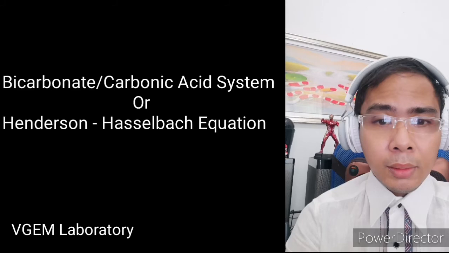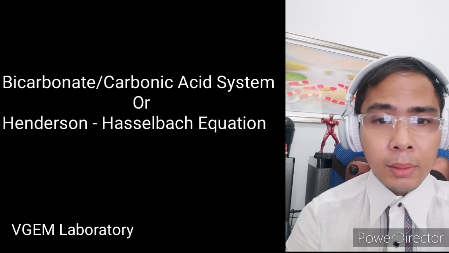The most important buffer system in the body is the bicarbonate/carbonic acid system, or commonly known as the Henderson-Hasselbalch equation. Please review the earlier overview of this subject I have sent to you via files on the early part of our lesson.